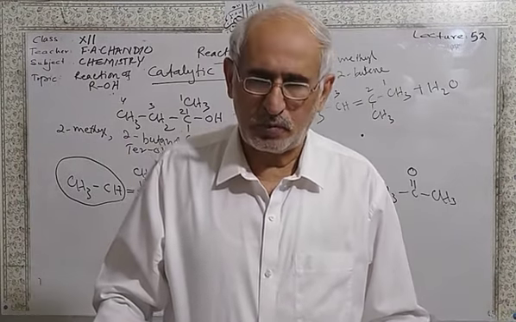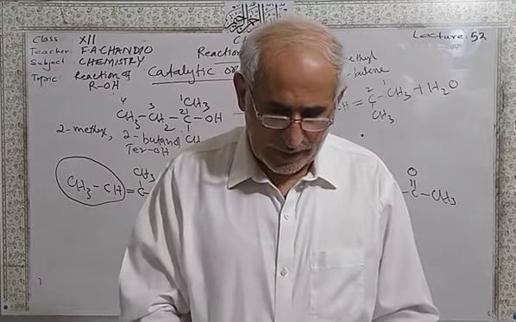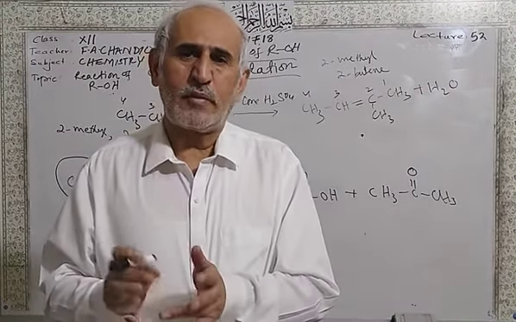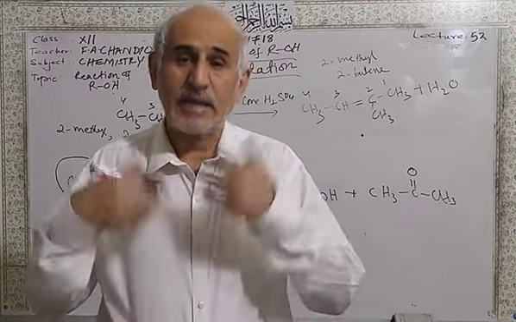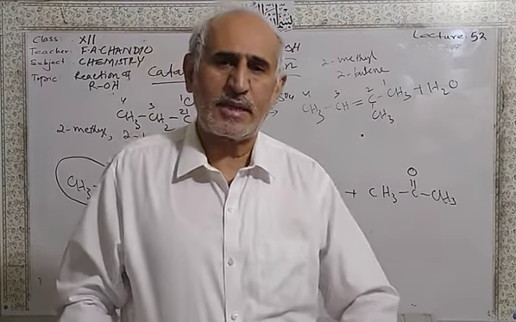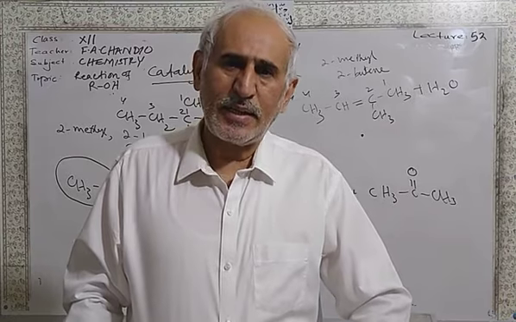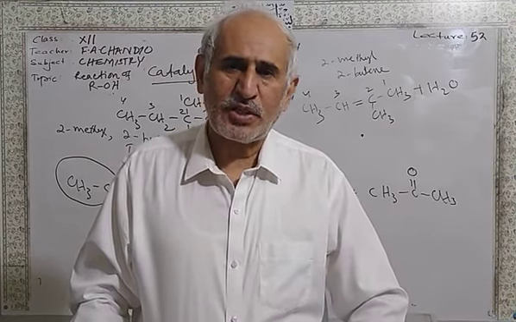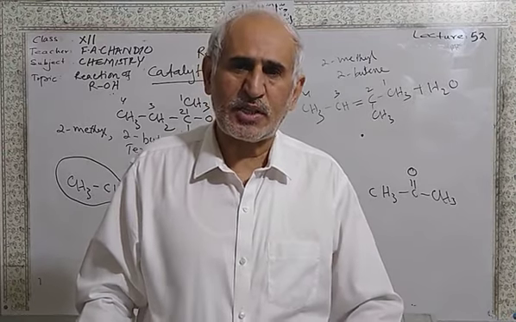So this is the oxidation reaction. So again I am telling you, primary alcohols oxidize to give aldehydes and then further to give a carboxylic acid. Secondary alcohols give ketone. Tertiary alcohols resist oxidation.